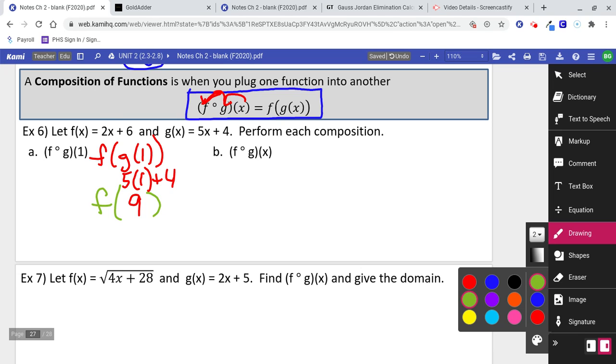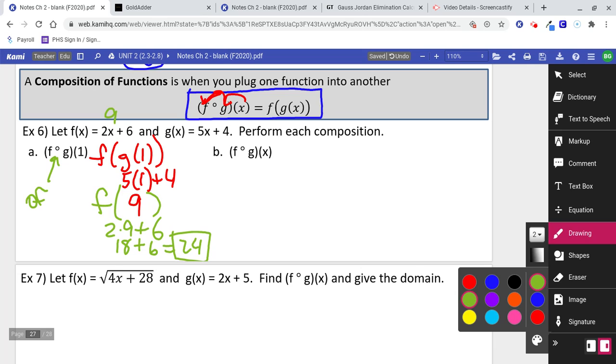So I'm going to plug 9 into the f function. I would have 2 times 9 plus 6. That's 18 plus 6. It's 24. Again, you read that symbol as "of", f of g of 1.